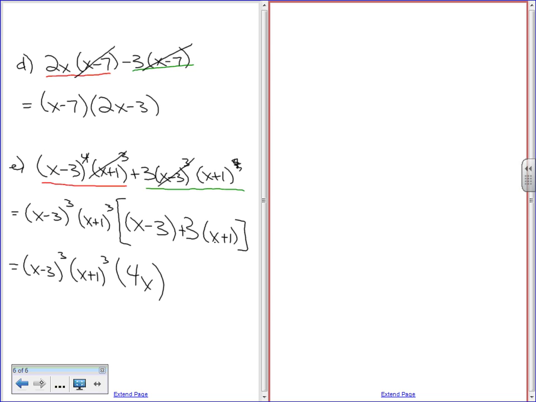Exact same concept. I'd like everybody to try this one. You can work with a partner or do it on your own.